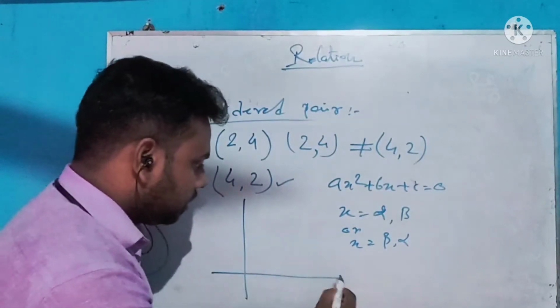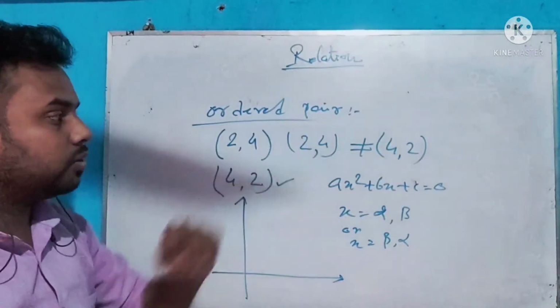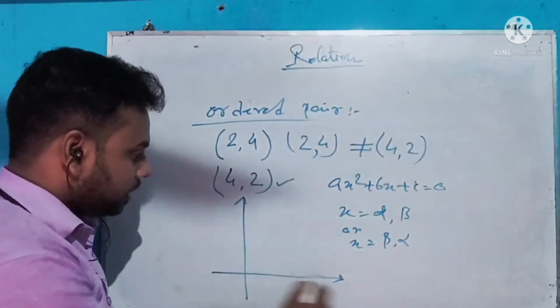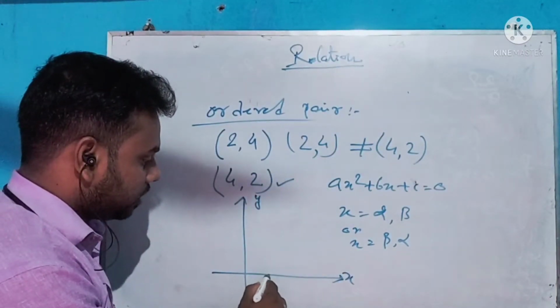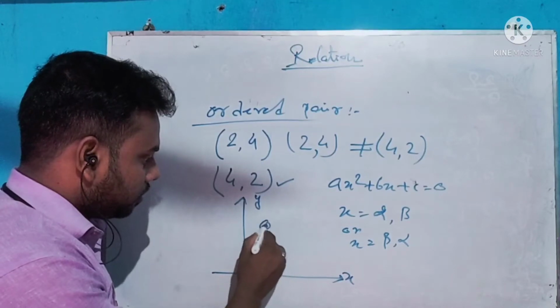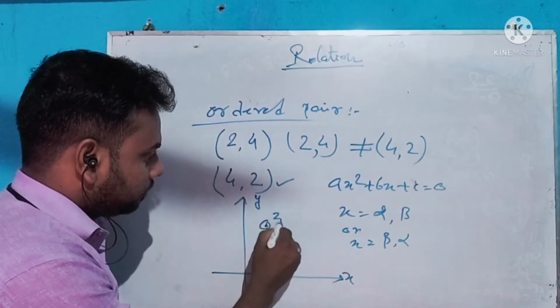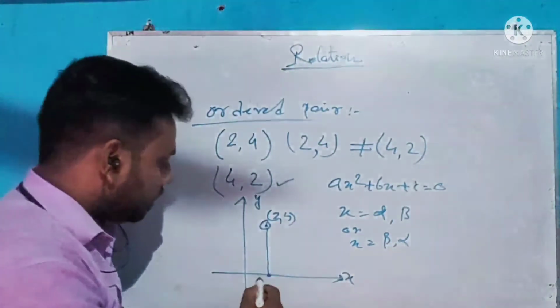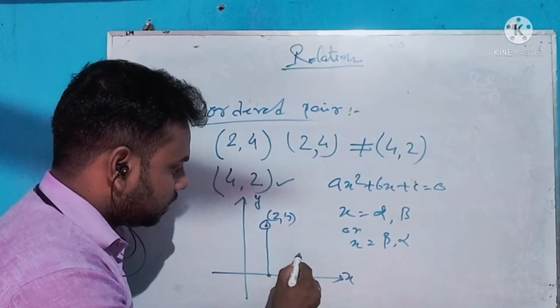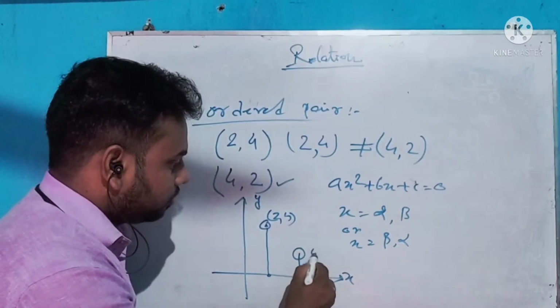It is clear if we plot these two points in a graph. This is the x-axis and this is the y-axis. If we plot (2, 4), here is 2 and suppose this is 4, so the point (2, 4) is this one. And when we represent (4, 2) in a graph, it will be this and this. So this represents (4, 2).